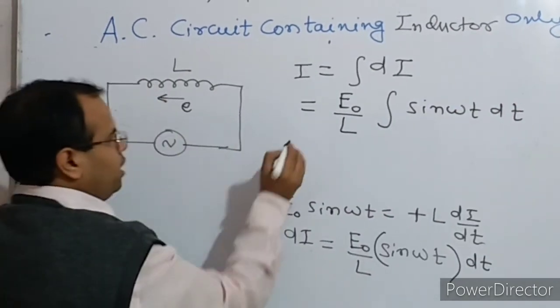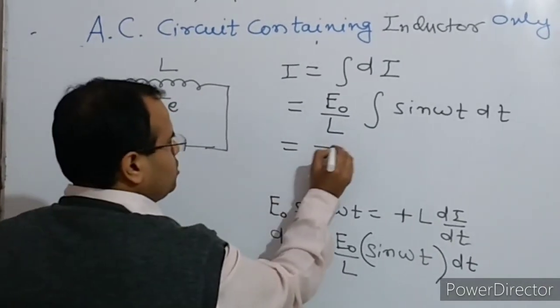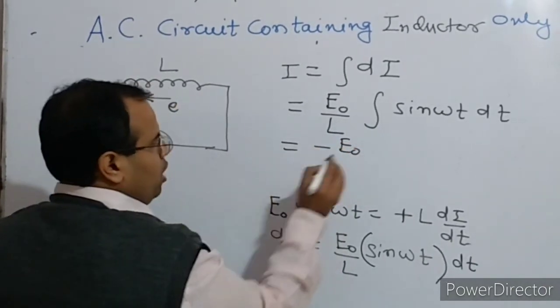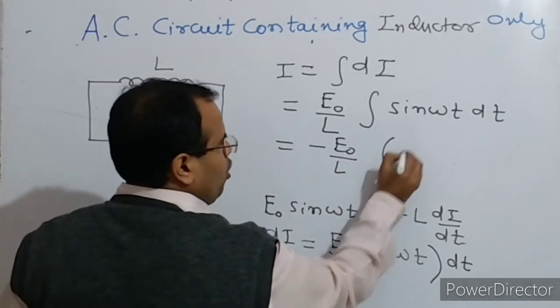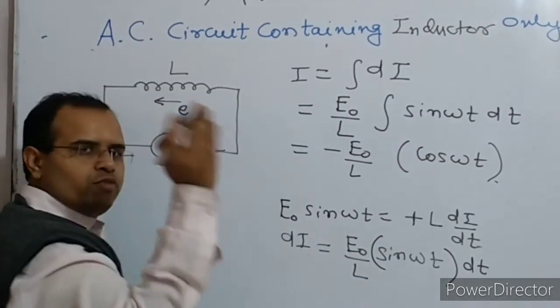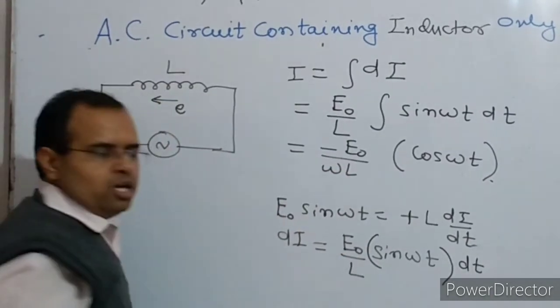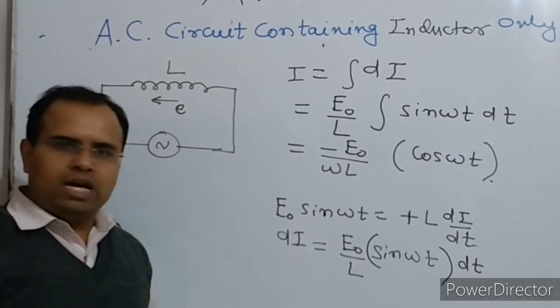When you integrate it, the integration of sine theta is minus cos, so it is minus E naught upon L cos omega t, but because it was not t, we have to divide by the coefficient of t, that is omega, so it is minus E naught upon omega L.